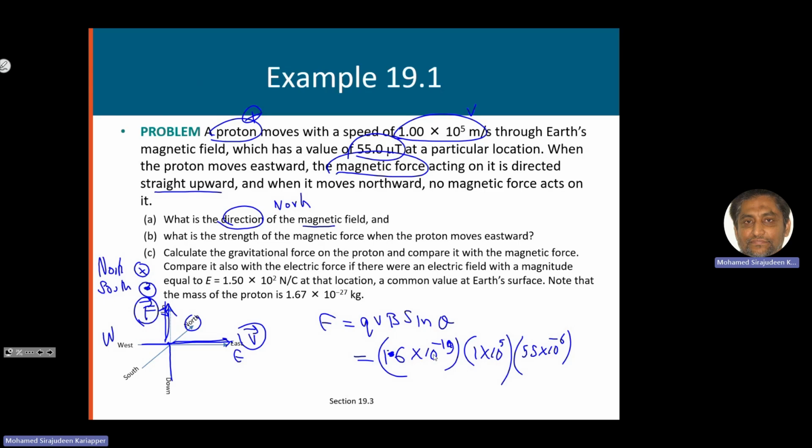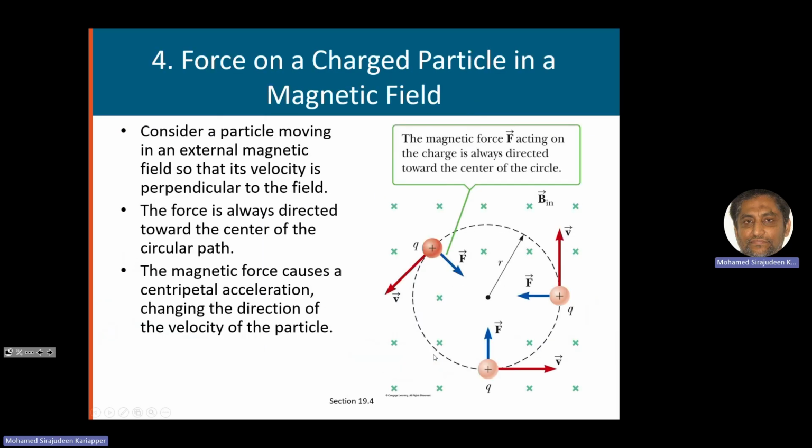Theta is 90 degrees because it is between north and east, and sine 90 is 1. Anyway, you take your calculator and solve it. You'll get a certain answer, and that will be it. So I will not solve B and C. I will leave both B and C for you to do. Okay, let me go to the next slide.